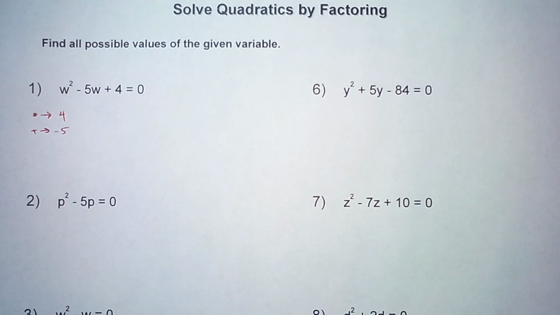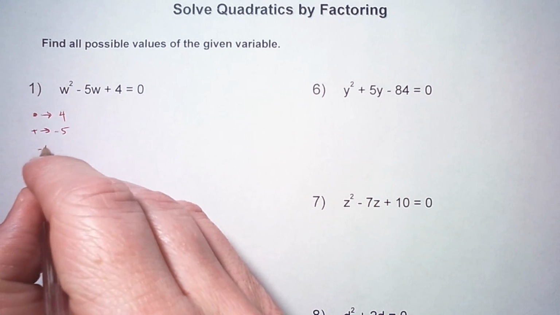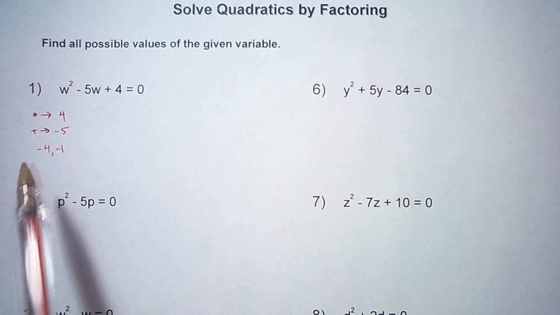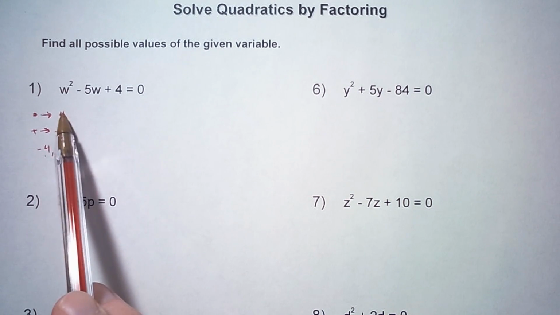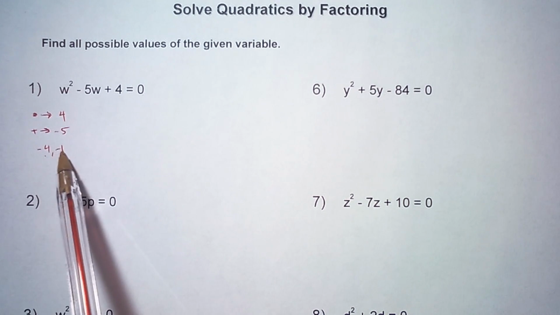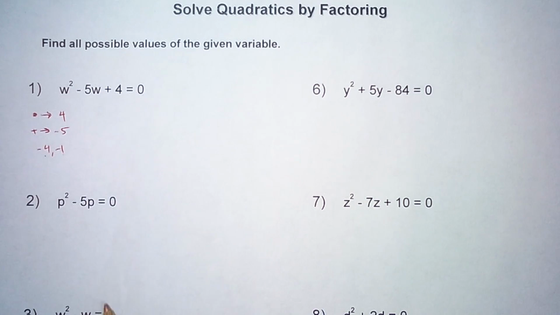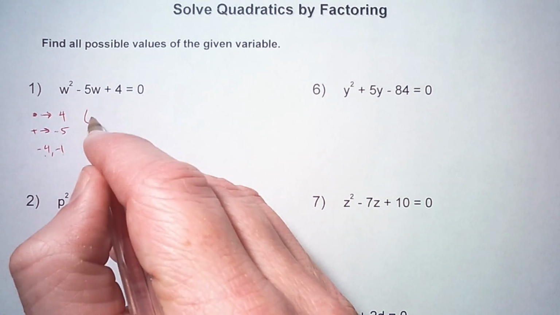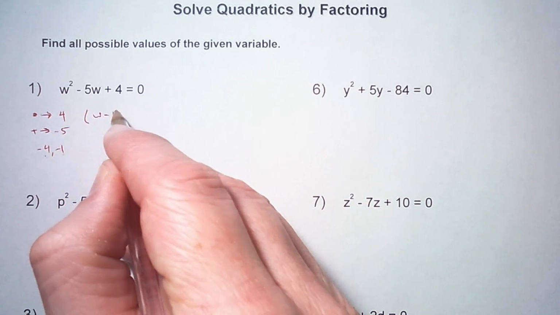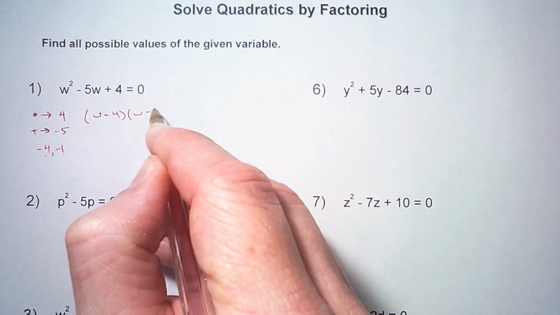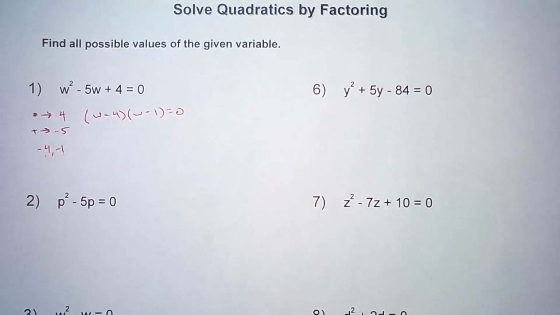So 2 numbers that multiply to 4 and add up to -5, and those 2 numbers would be -4 and -1. -4 times -1 is +4. -4 plus -1 is -5. So my factored form is w minus 4 times w minus 1 equals 0.